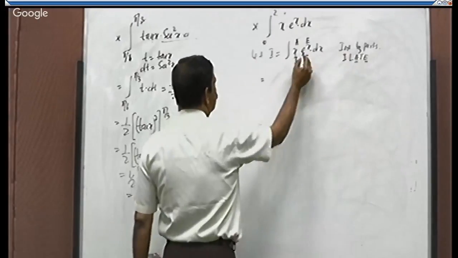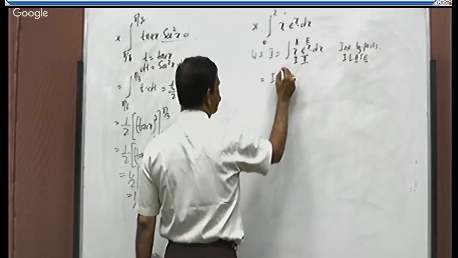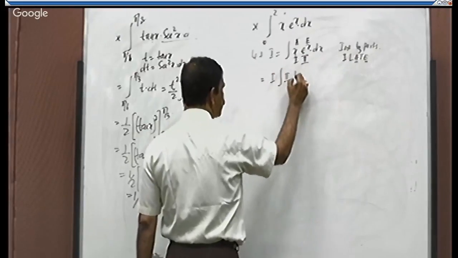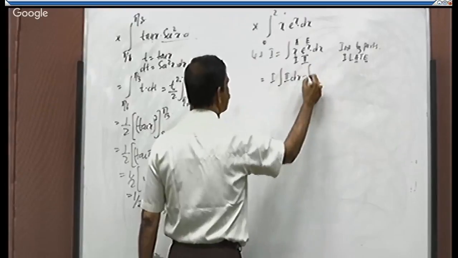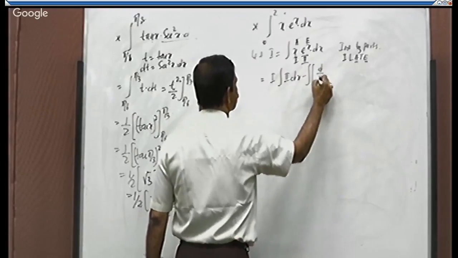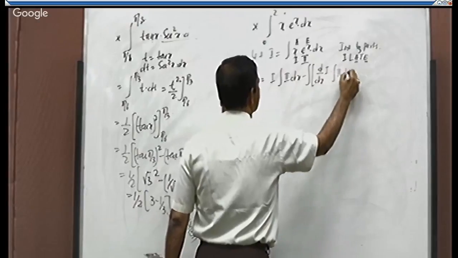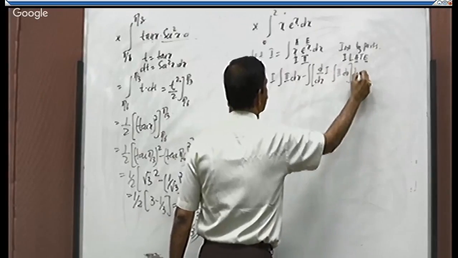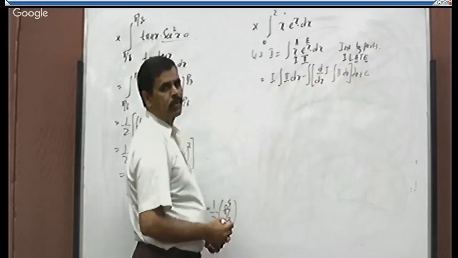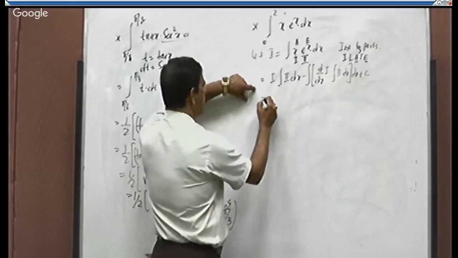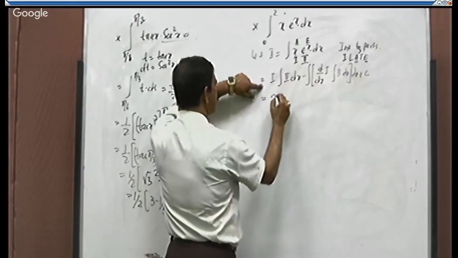So according to that, the rule says first function into integration of second minus integral of d by dx of first into integration of second into dx plus c. Right, according to that, which is the first function? x.